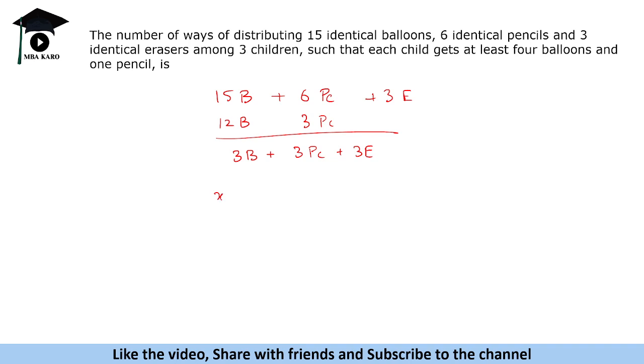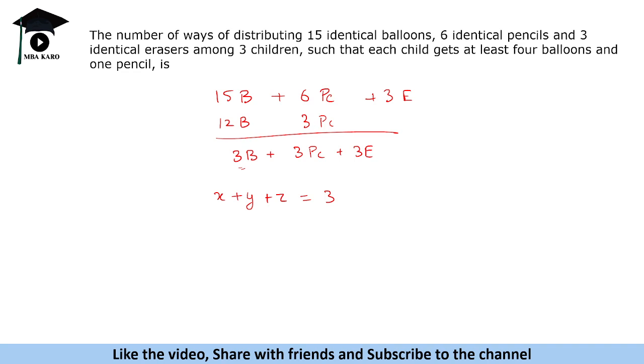Now let us say x, y, z are the 3 children, and they are given a total of 3 items. Let us talk about balloons. One person can receive any number out of this because the minimum criteria is already fulfilled.